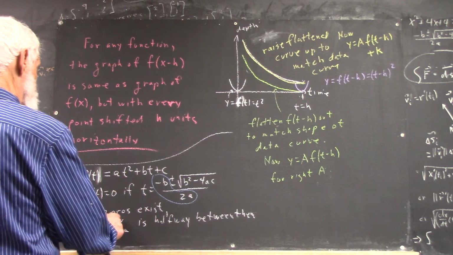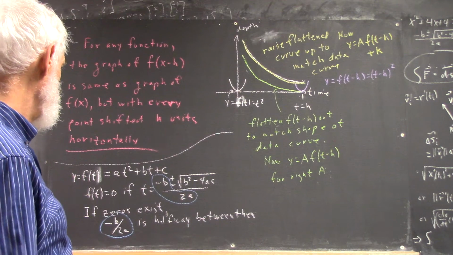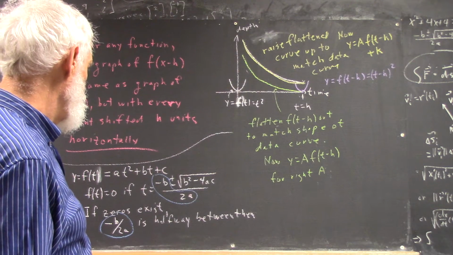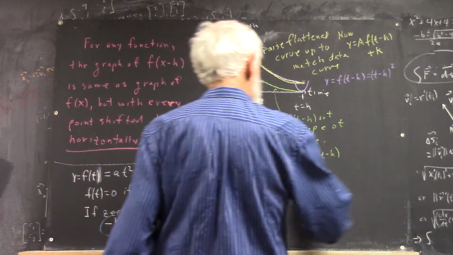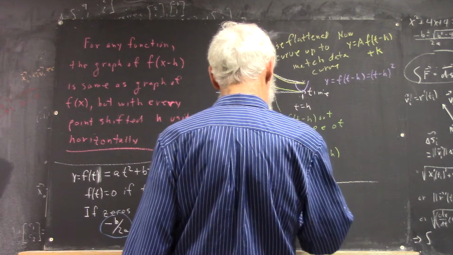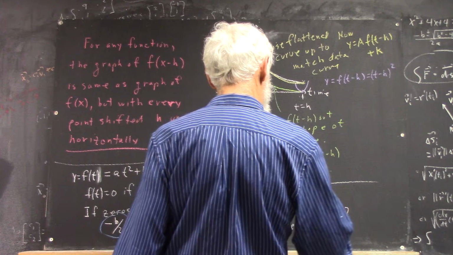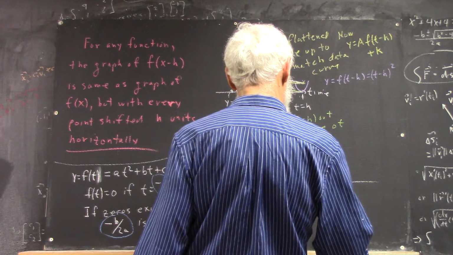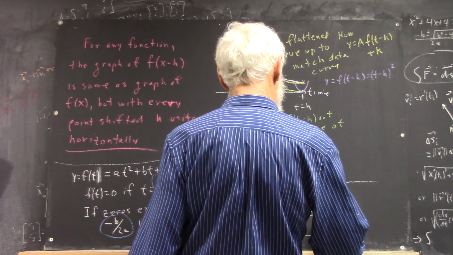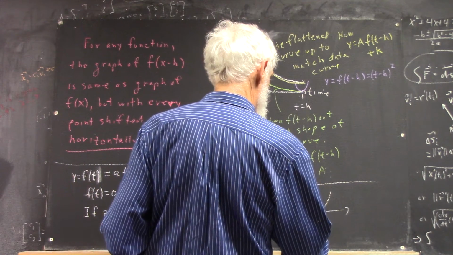Okay, so here's a parabola. Okay, so the zeros are here and here, where the graph crosses the axis.